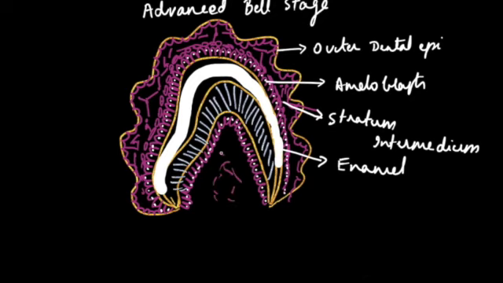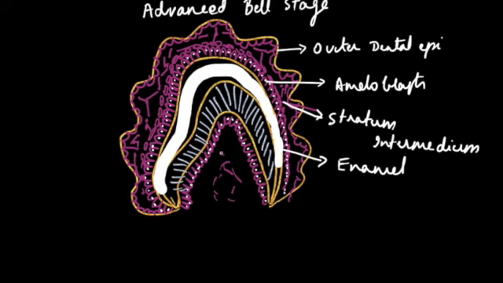At this point, let's take a little bit of time to discuss the events in the advanced bell stage. As I said, the development of tooth is due to epithelial mesenchymal interaction. Here in this stage, you can really appreciate those events. The dental papillary cells first form the odontoblasts. These odontoblasts tell the inner enamel epithelial cells to turn into ameloblasts.